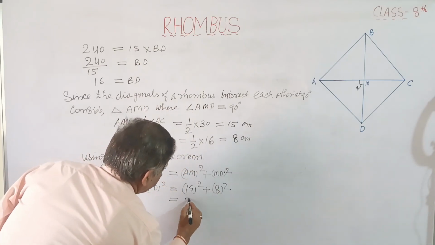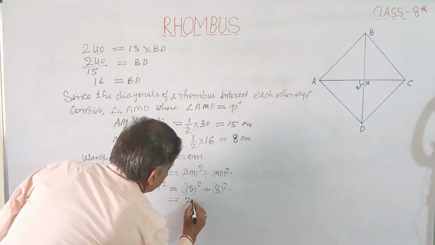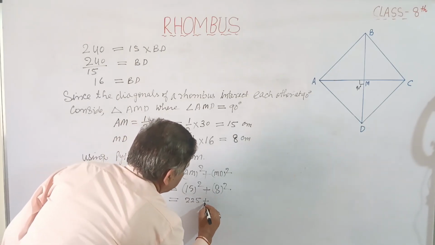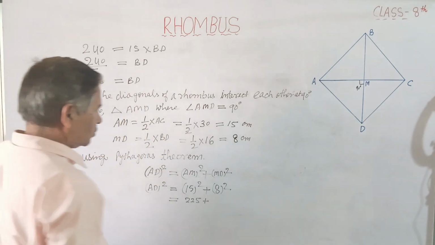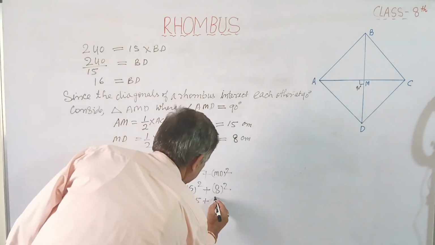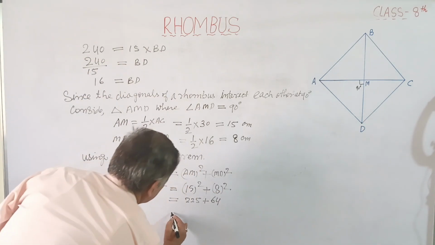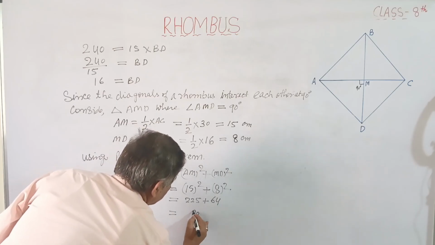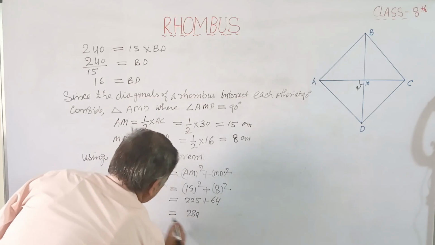So you will calculate 15 square means 225, and 8 square means 64. So this becomes 289.